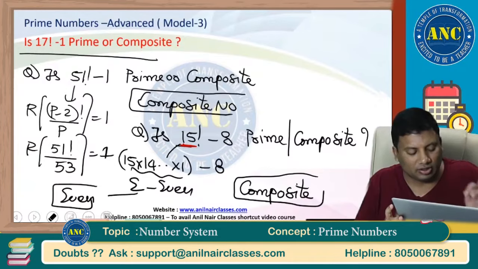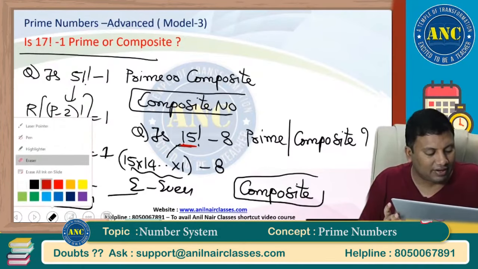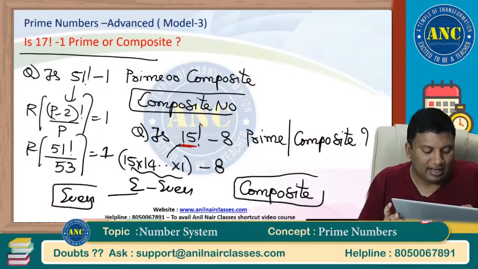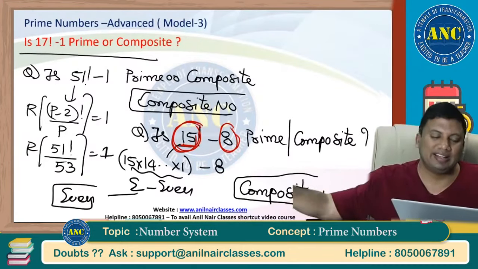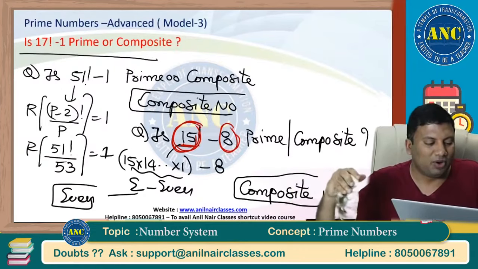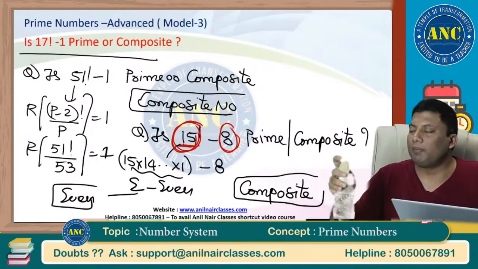Just I wanted to tell you that 15 factorial contains 2, this contains 2; 15 factorial contains 4, this contains 4; 15 factorial contains 8, this also contains 8. Model number 3, Wilson's theorem application.